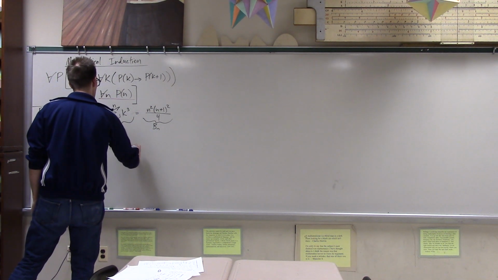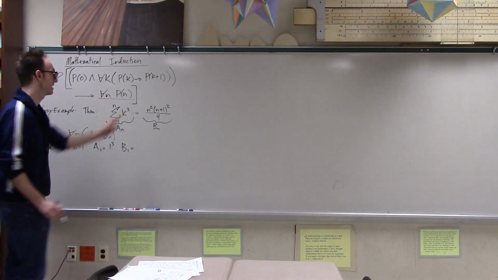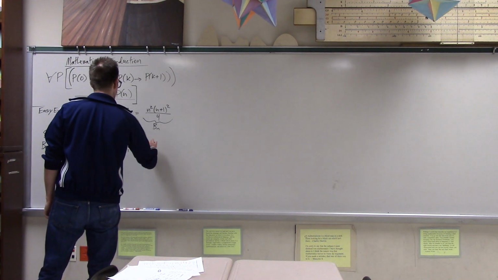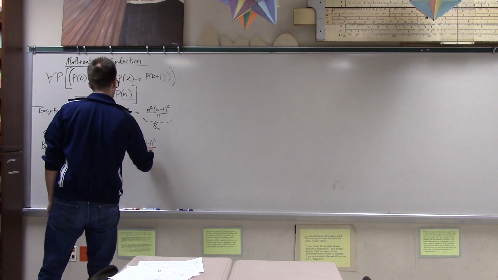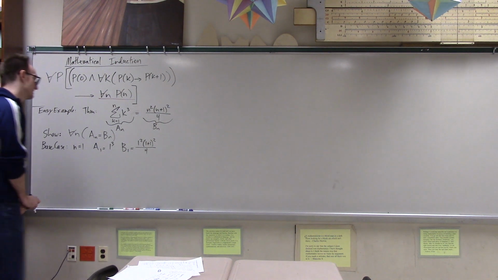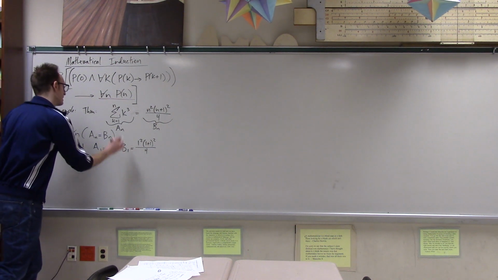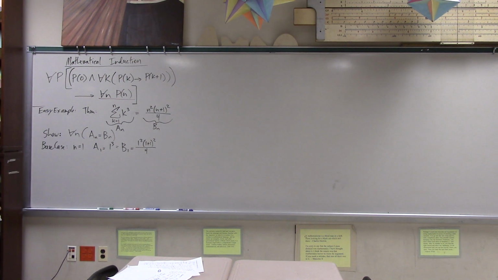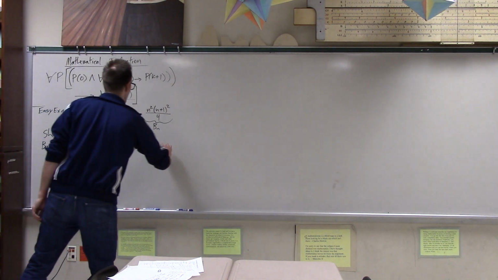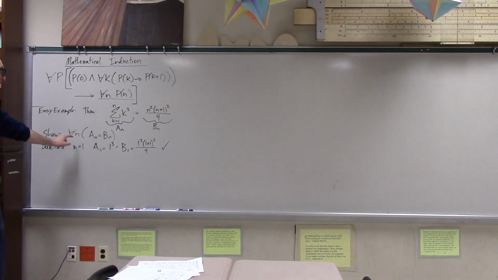And B sub 1 is 1 squared times 1 plus 1 squared over 4. And these two are equal. Okay, and so this property, the property of this formula being true, is true of the number n equals 1.